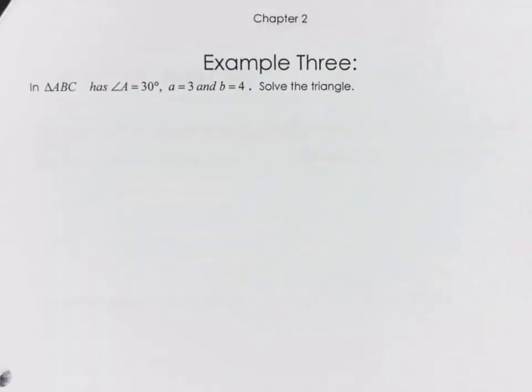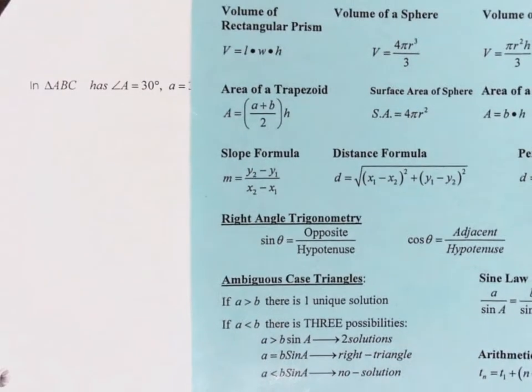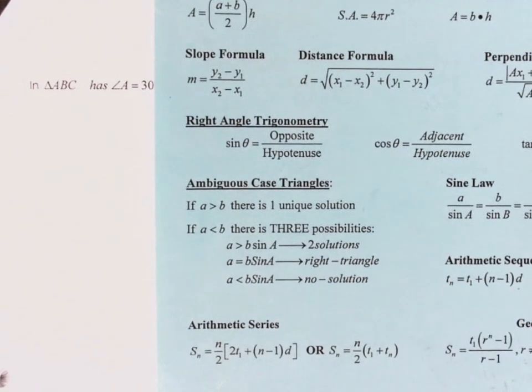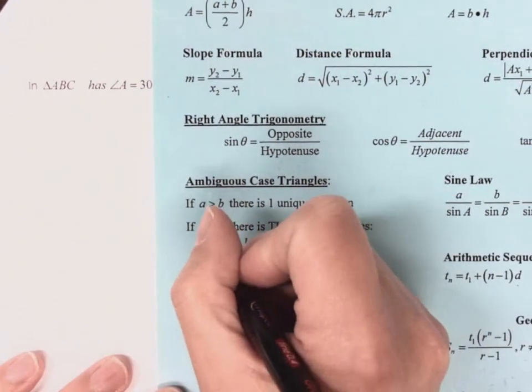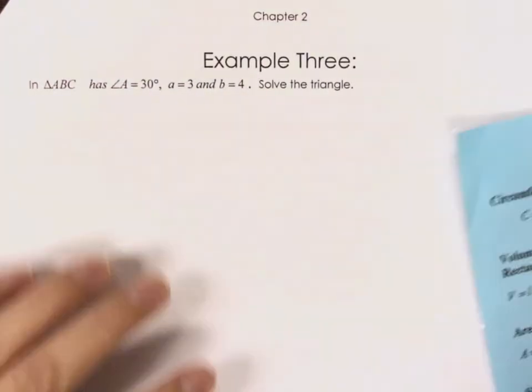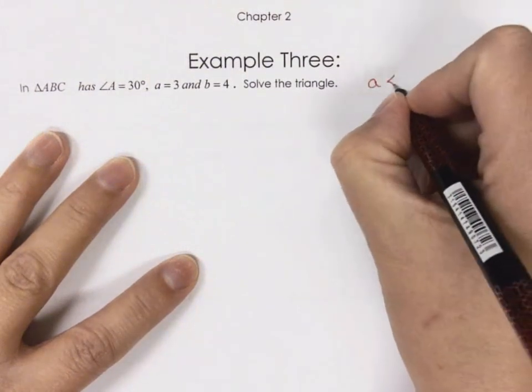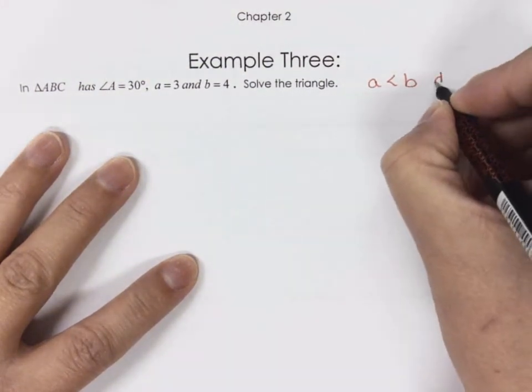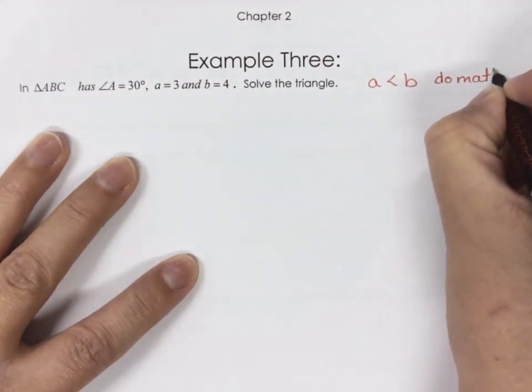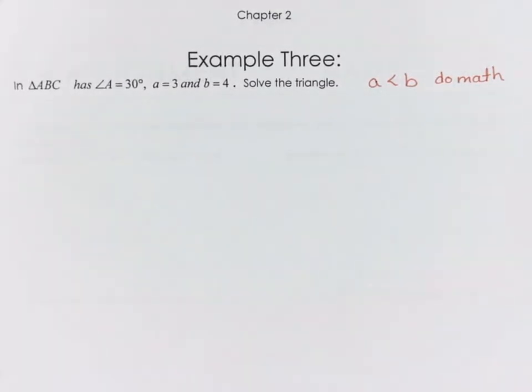All right. Okay, here we go. I really should have gotten exciting about this. Okay, so A is less than B. My matching set side is less than B. So that means I got to do math. So when A is less than B, do math. This is the fluffy cloud.